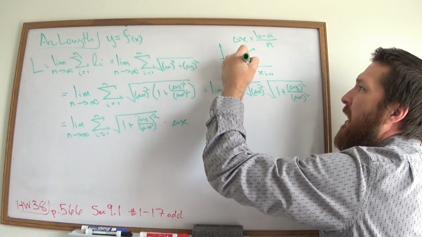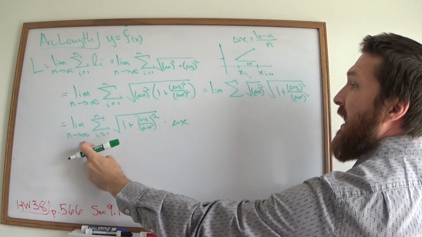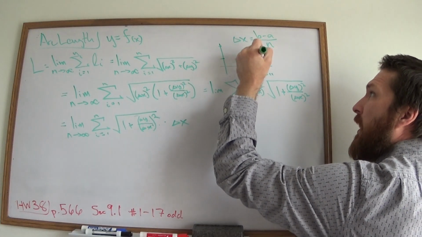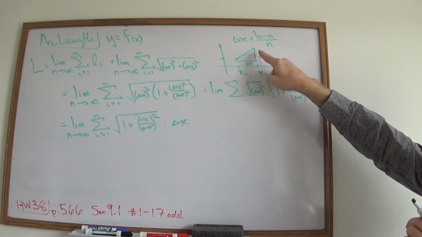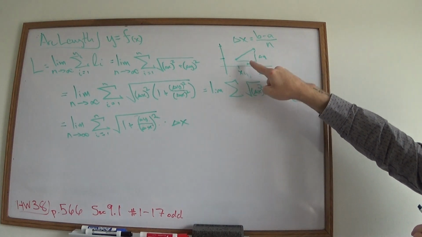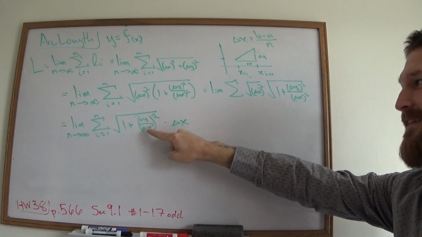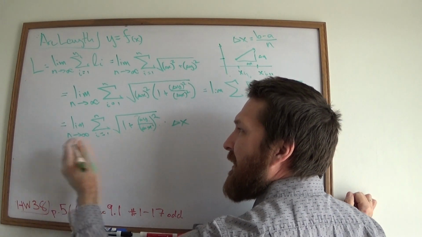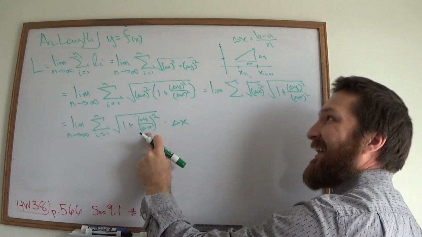As delta x goes to 0, which is what happens when n goes to infinity, delta y also goes to 0, and he happens to be the slope of the line. This thing is dy dx.